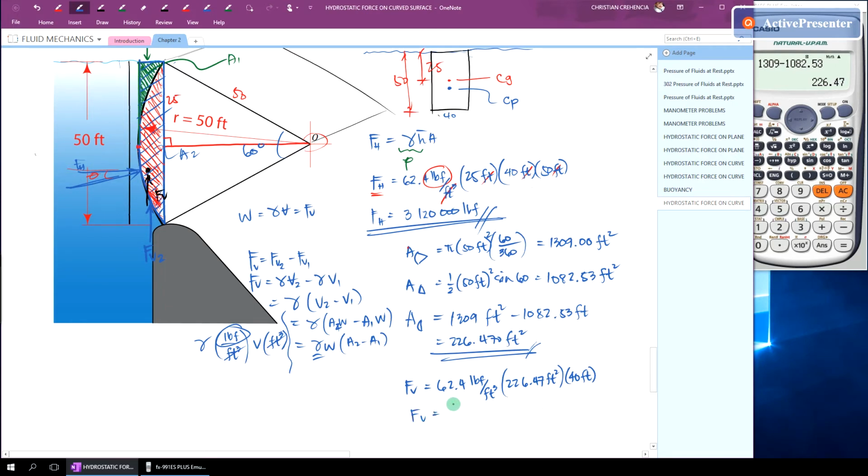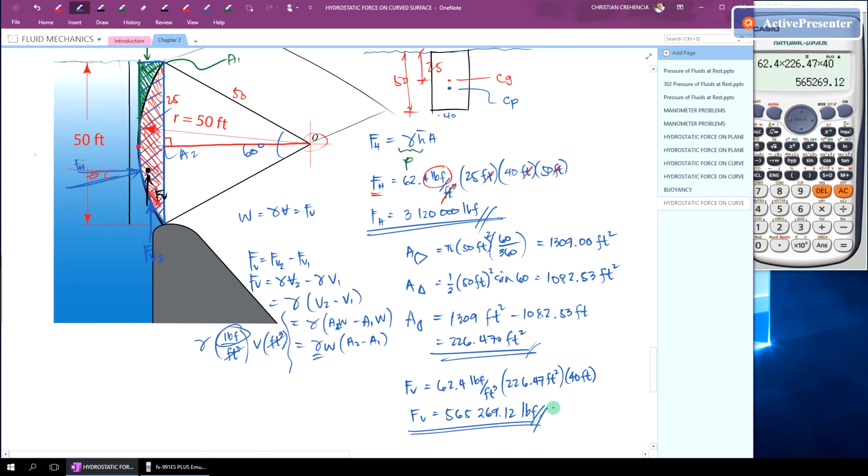So FV is 62.4 times 226.47 times 40. Okay. So we have 565,269.12 pound force.